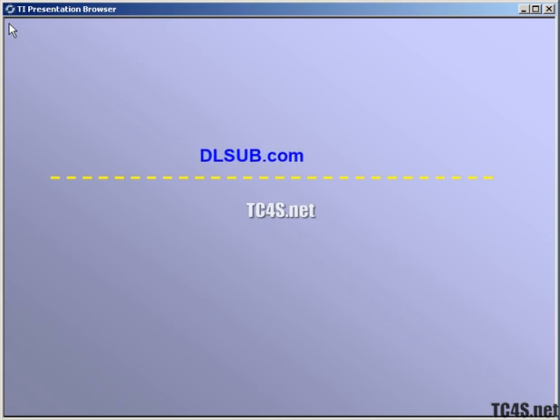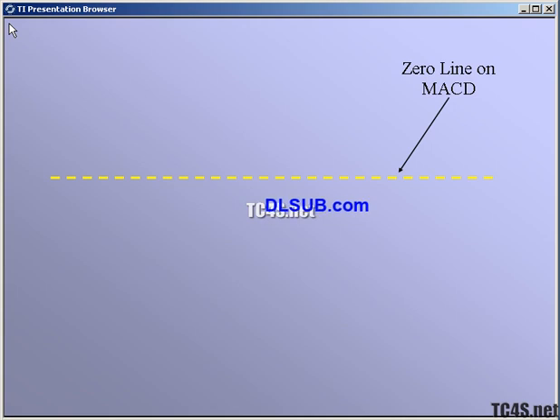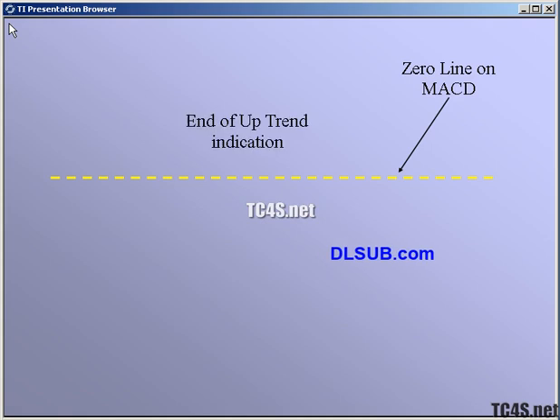This dashed yellow line will represent the zero line that we see on the MACD. This is the only time in our methodology where the zero line is of any significance. The following is the formation that we would look for to have an end of the uptrend indication.